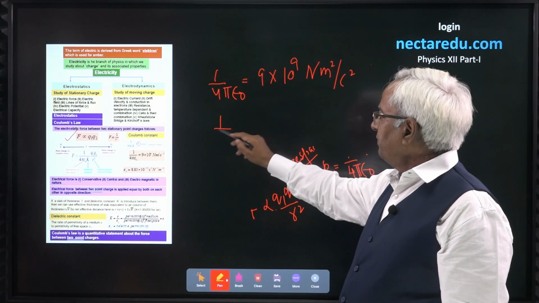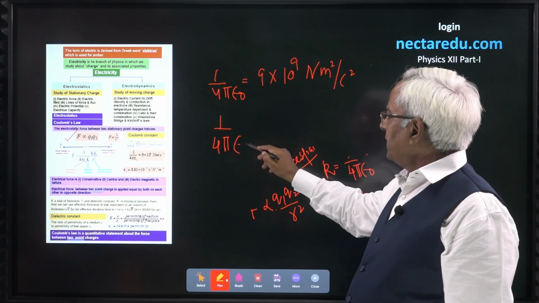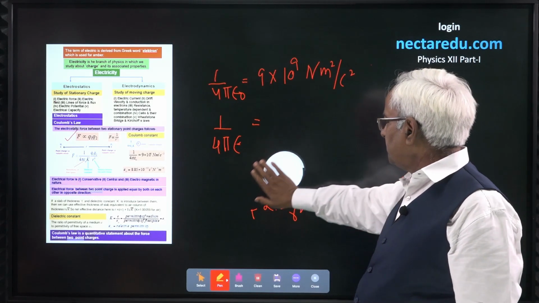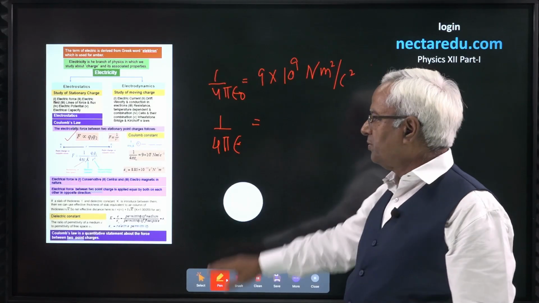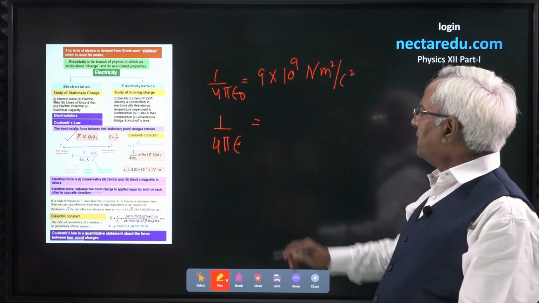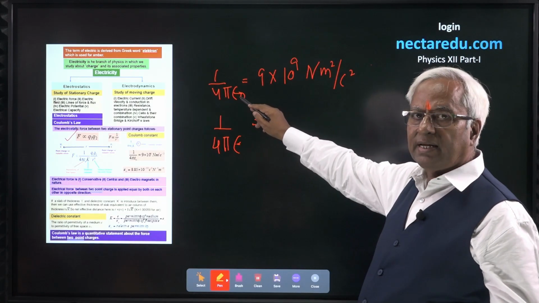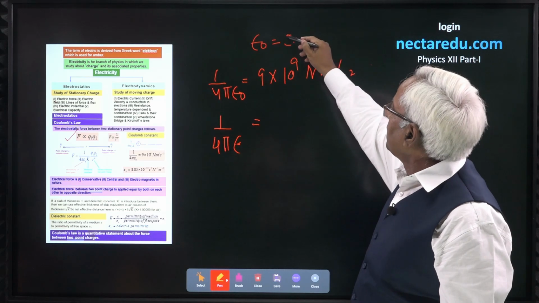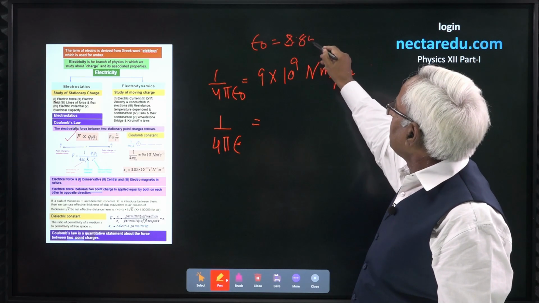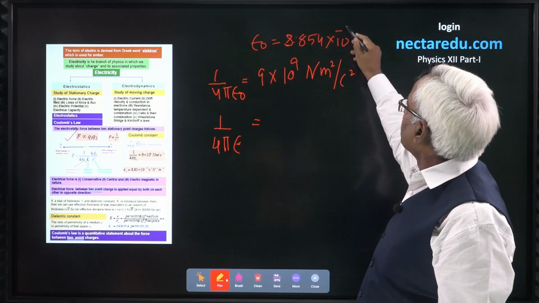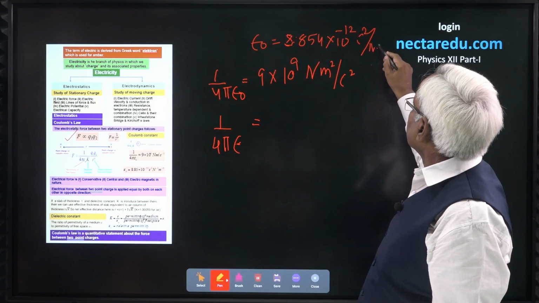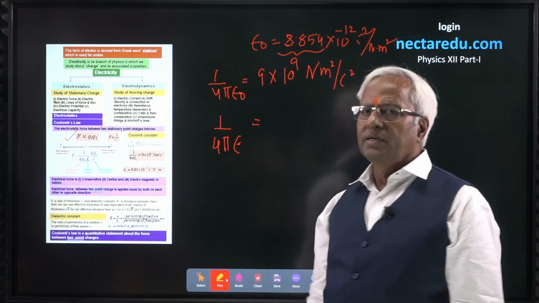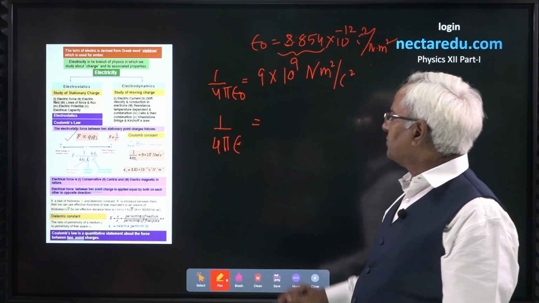And if there is some medium, then in place of epsilon naught, which is known as the permittivity of free space, meaning when there is no medium between the charges, in that case you would use epsilon naught. Epsilon naught has the value 8.854 into 10 to the power minus 12, but this is approximated to 8.85 only, up to 2 decimal places.